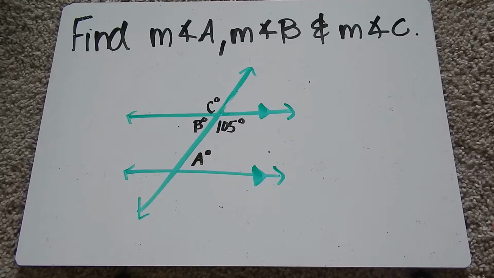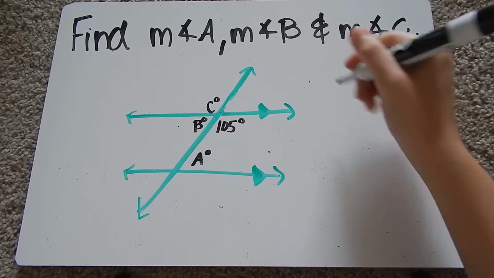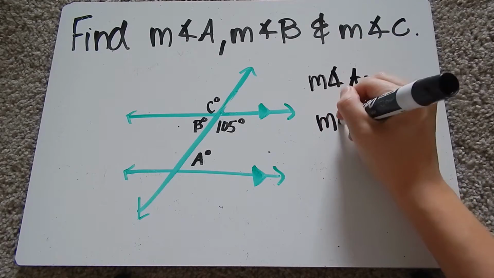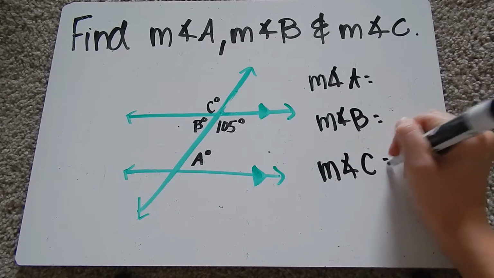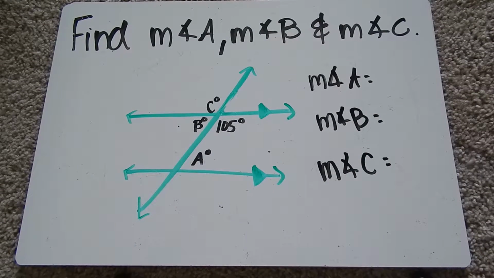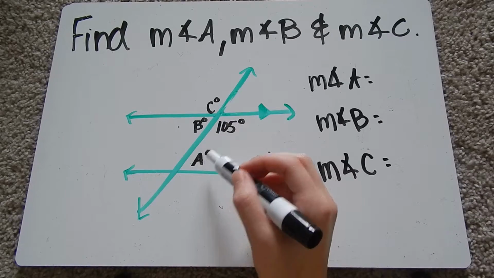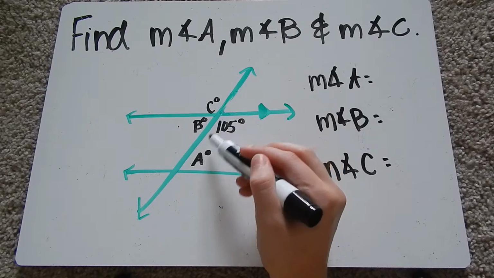So let's start with our first example. We're going to find the measure of angle A, the measure of angle B, and the measure of angle C. First of all, if I look at these two right here, these are interior and they're same side.